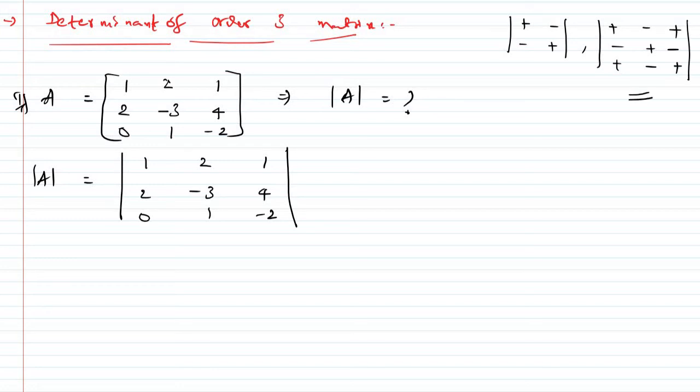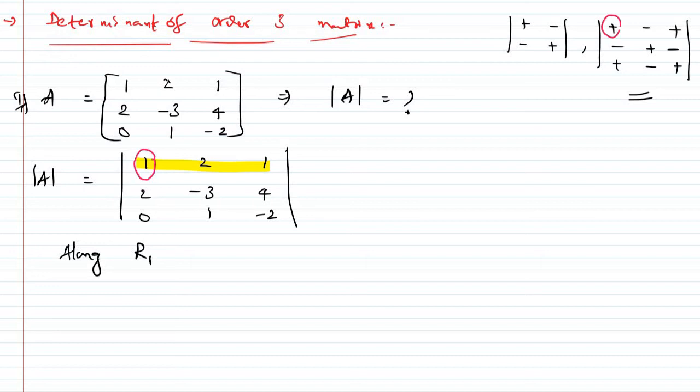Where will we use this? Suppose we expand this determinant along R1. What is the first element in R1? It is 1.